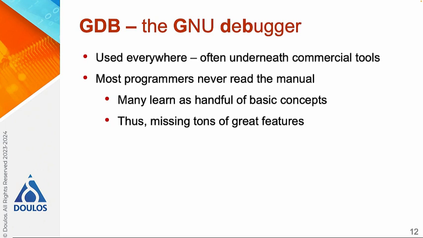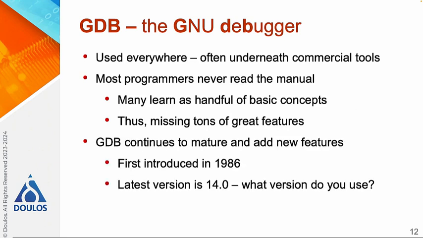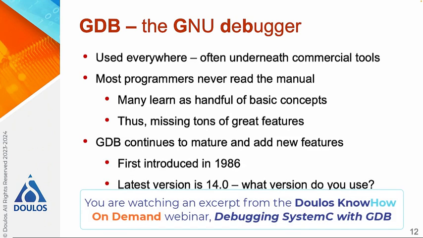There are all kinds of features in there, and the basic concepts of just putting in breakpoints and putting out values, those are useful, yes, but there's tons of great features in there. Now, GDB has moved on, by the way. It continues to mature. It was started back in '86, and I hate to admit it, but I was already a practicing professional at the time when it was introduced.